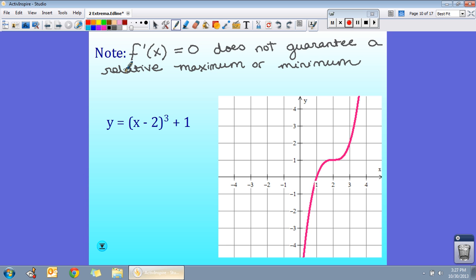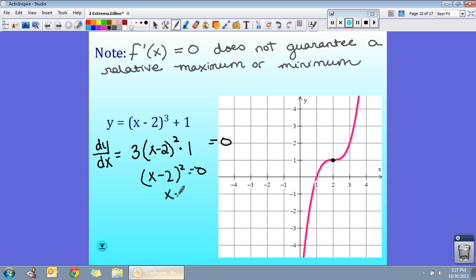Okay. Note, just because the derivative at an x value equals 0 does not guarantee that you have a relative maximum or minimum. If you look at a cubic, right here the slope is going to be 0, and we can show that with the derivative. dy dx equals 3 times x minus 2 squared times 1, and when you set that equal to 0, that's really just going to be x minus 2 squared equals 0, or x minus 2 equals 0, so x equals 2.